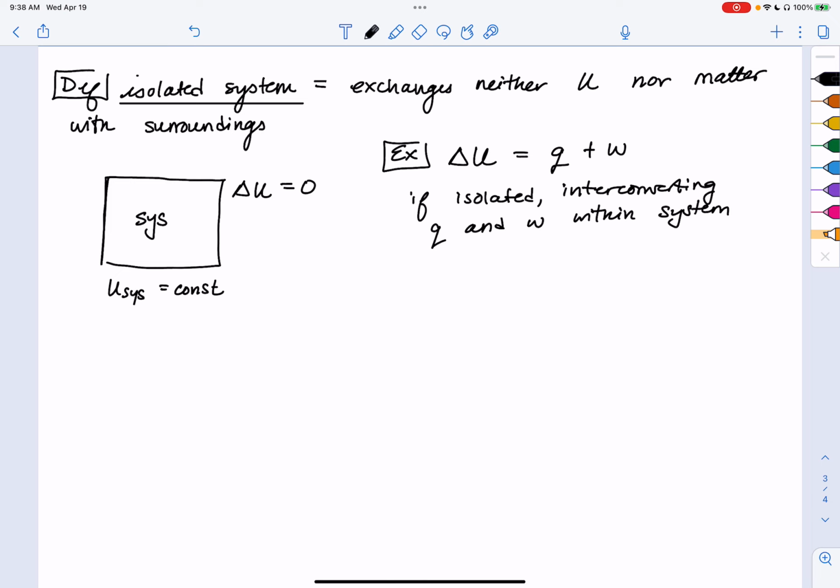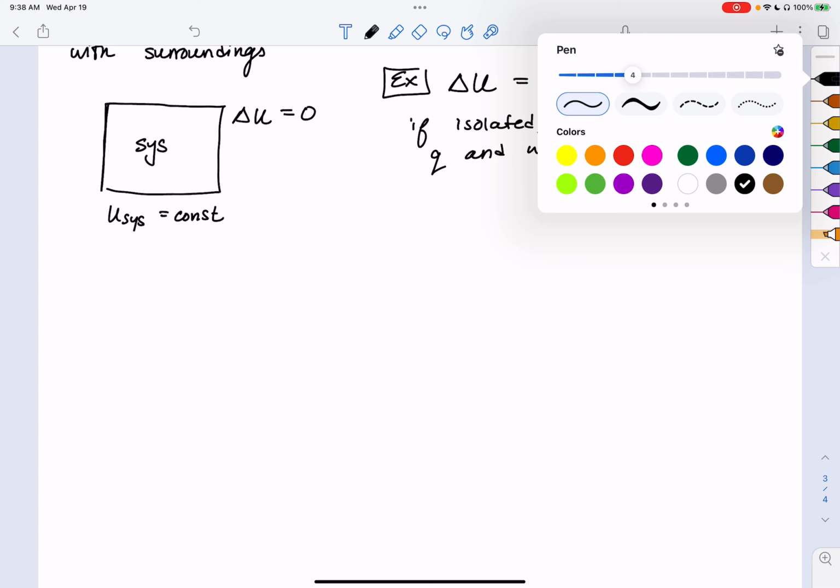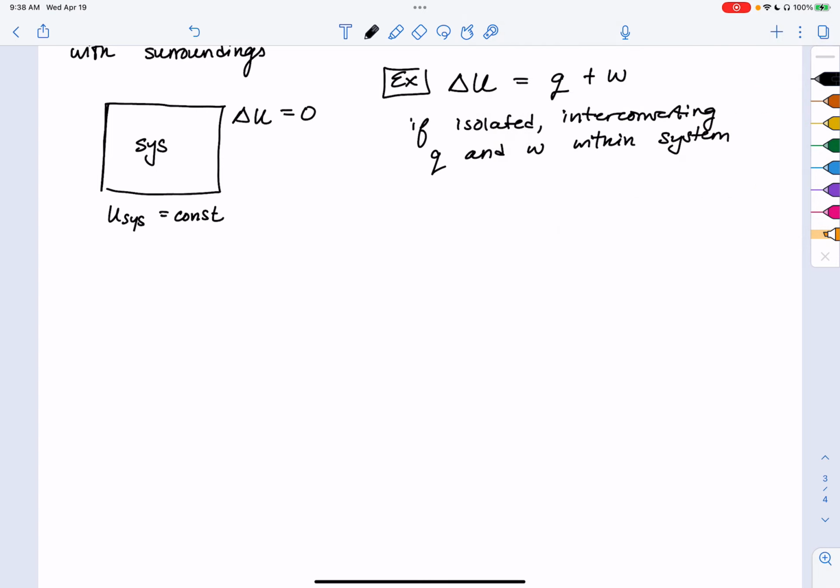So it's no longer a transfer between system and surroundings, but rather this transformation, if you will, between the types of energy that is found in the system. And when you take your upper level physics classes, and even if you take a thermodynamics course for, let's say, a Chem BS, you will talk about these isolated systems. There's a bunch of different ways we can construct them.